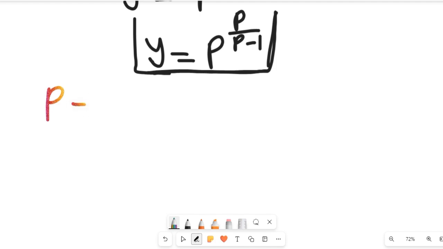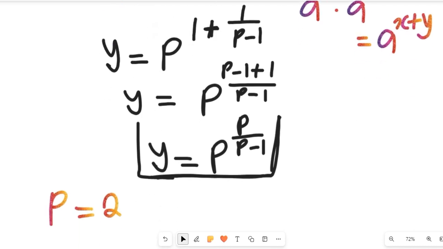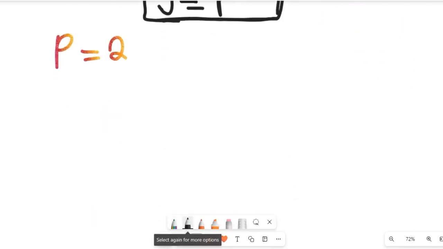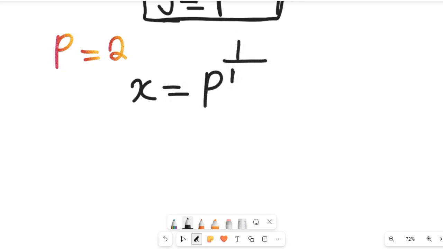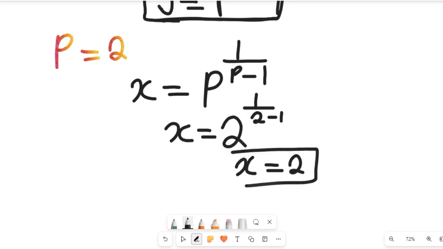From that expression we got the value of our x to be equal to p to the power of 1 divided by p minus 1. So x will be equal to 2 to the power of 1 divided by 2 minus 1, and our x will simply be equal to 2, because 1 divided by 1 is 1, and 2 to the power of 1 is 2.